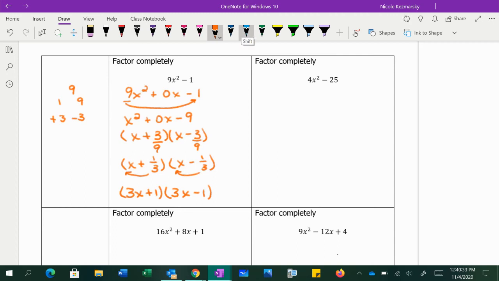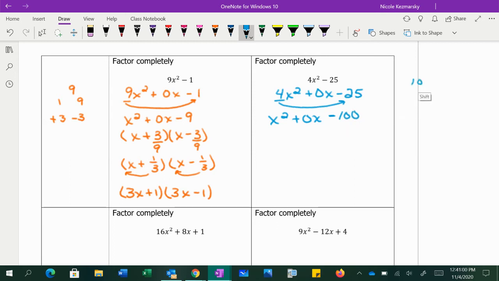Same for the next example. We're missing that middle term, so we're going to turn this into 4x squared plus 0x minus 25. No GCF, so we're going to slide the 4 and get x squared plus 0x minus 100.